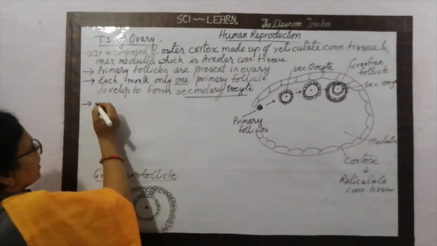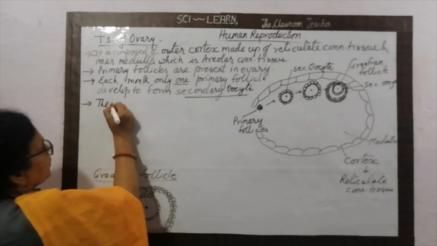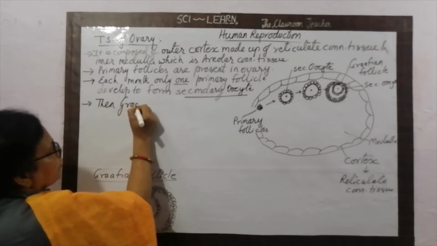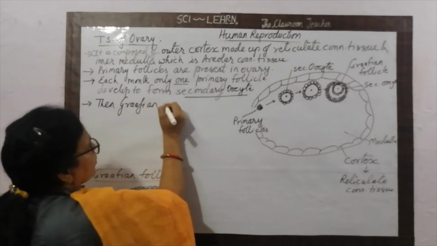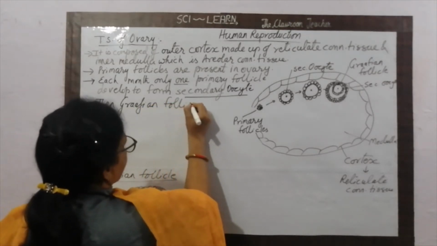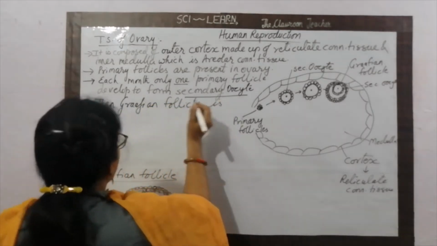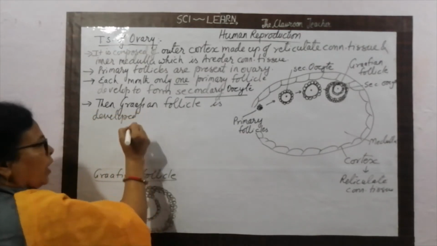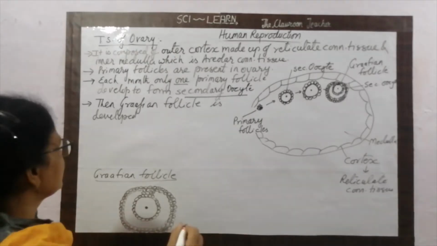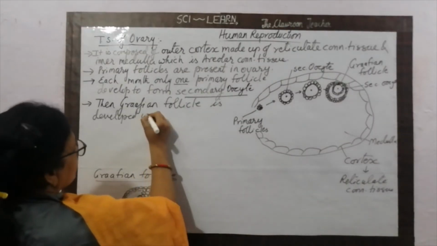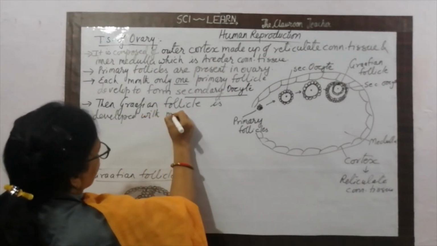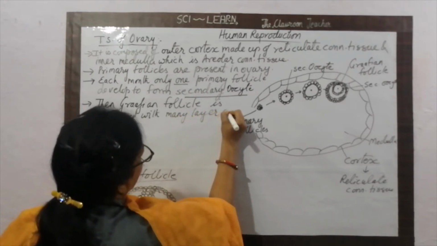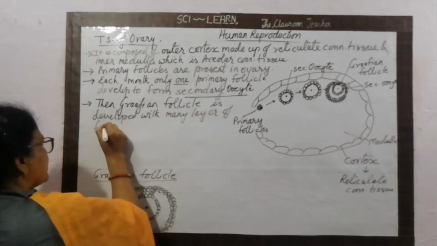The secondary oocyte, then the Graafian follicle is developed, and this Graafian follicle has many layers of follicle cells.